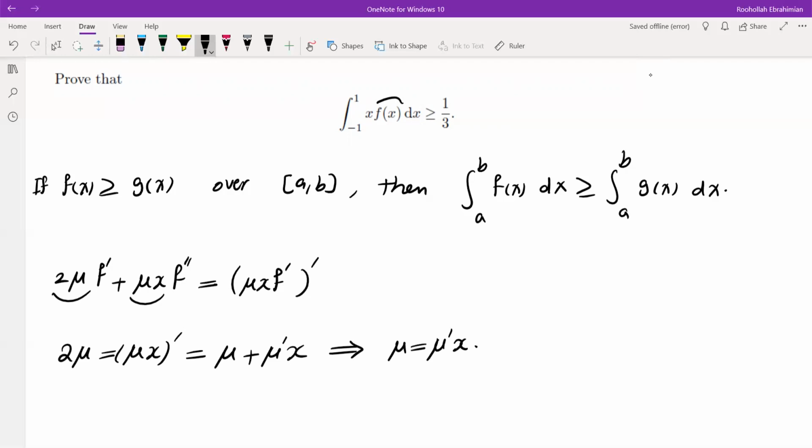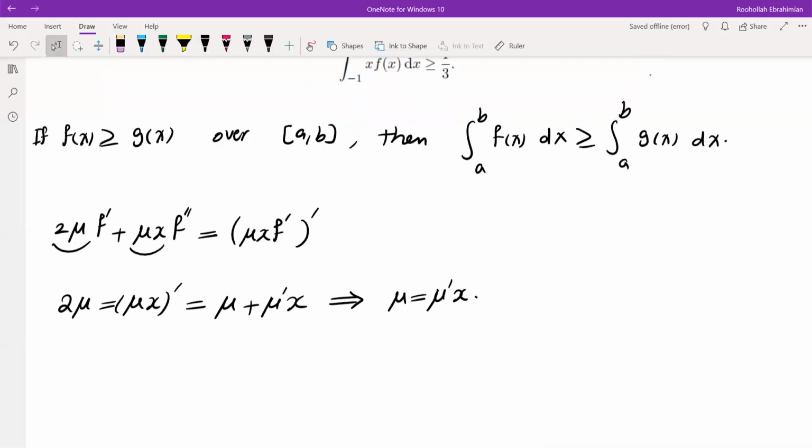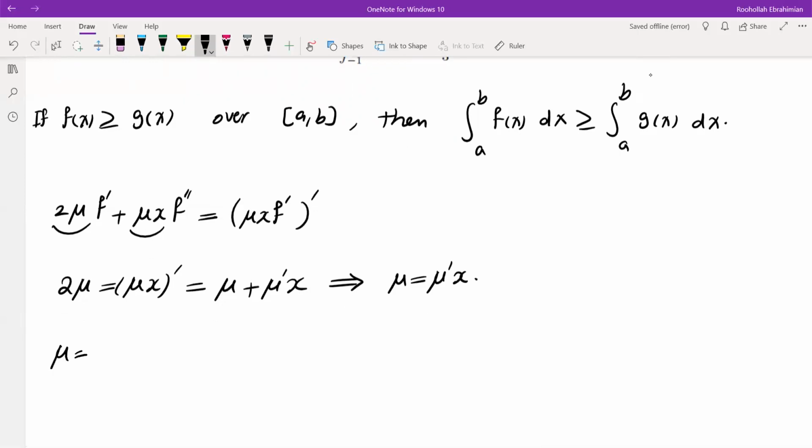Of course, 0 is not a good option, but anything that works other than 0 would be good. You could either do separation of variables and solve this one, or it's not very difficult to see that mu equals x works.